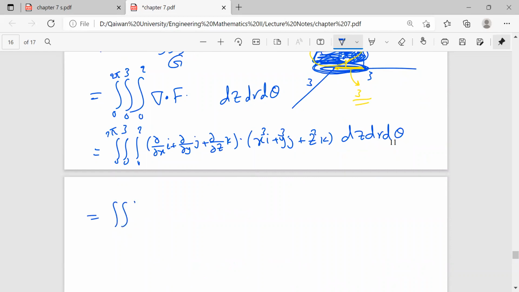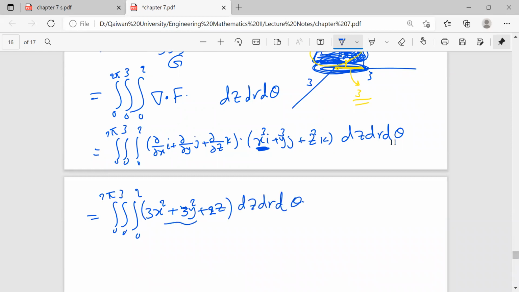This equals the triple integral from 0 to 2, 0 to 3, 0 to 2 pi. For partial f by partial x, we find the partial derivative of this component with respect to x, which is 3x squared, plus 3y squared plus 2z, dz dr d theta.